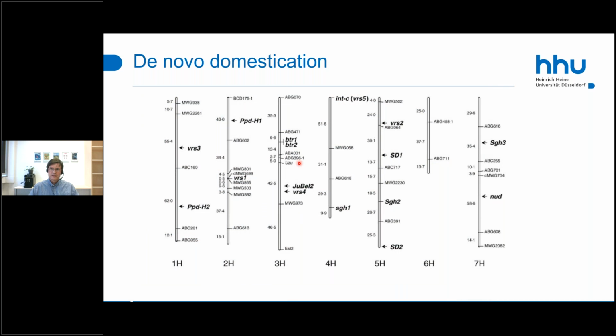And scientists have discovered over the years several genes which are related to some of those domestication traits, which are given here, and they are distributed amongst the 7 barley chromosomes. I will give you one example, the BRS1 gene.